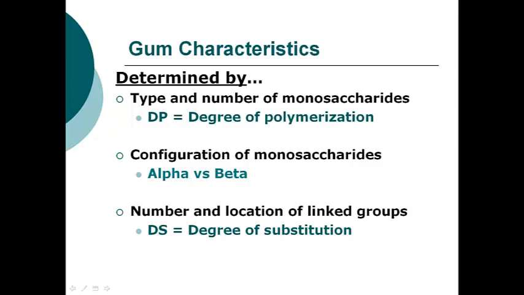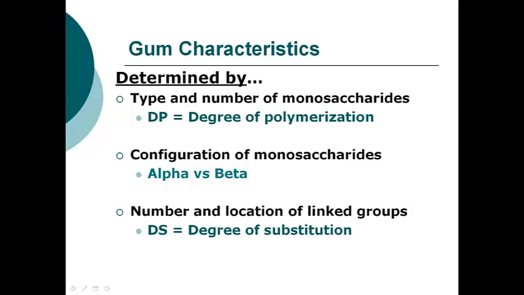So what determines a particular gum's characteristics? First, the type and number of monosaccharides present. This influences viscosity and hydration rate. If the structure of the gum is highly branched, it will occupy less space than would be the case if it were straight chained with the same molecular weight.